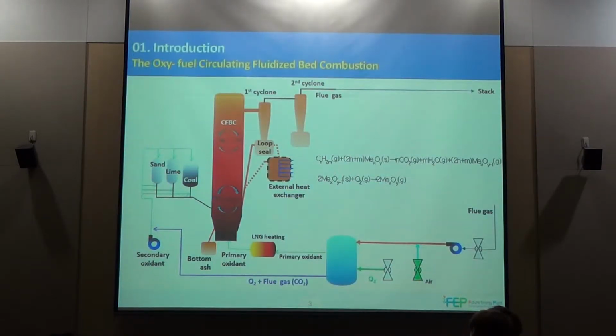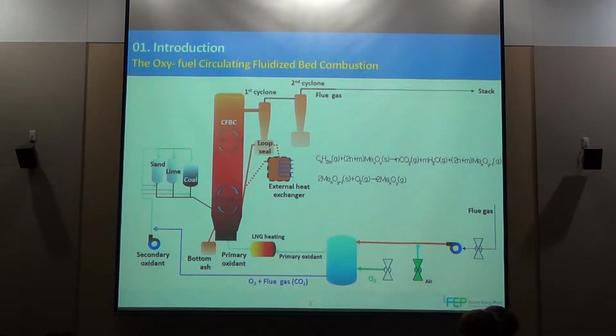First of all, I would like to introduce to you the concept of Oxy-Fuel circulating fluid combustion and why we have carried out this research. And this is the schematic of circulating fluid combustion. First of all, we use air as oxygen supply, as the primary oxygen and secondary oxygen.